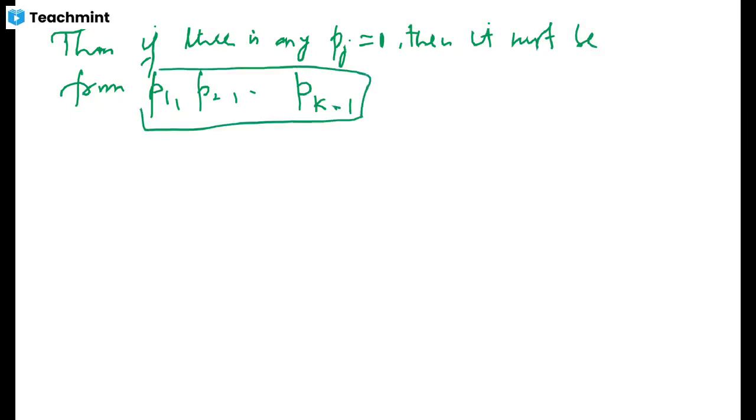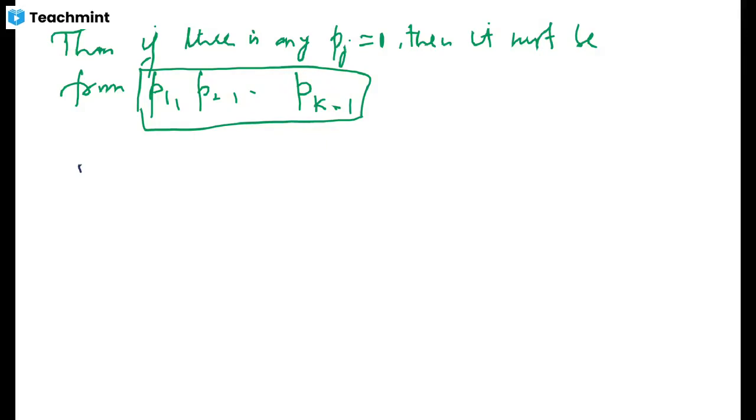So at most, there are finitely many Pj's which are 0 when the product is convergent. Is it okay? Is it clear? Can you hear me?